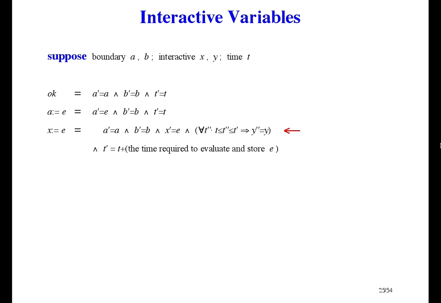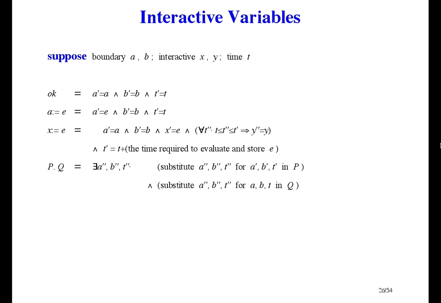And this last part says that the value of interactive variable y is unchanged during the assignment. It means y of t double prime equals y of t for all t double prime between t and t prime. It's a bit complicated, and that's why the substitution law doesn't work.